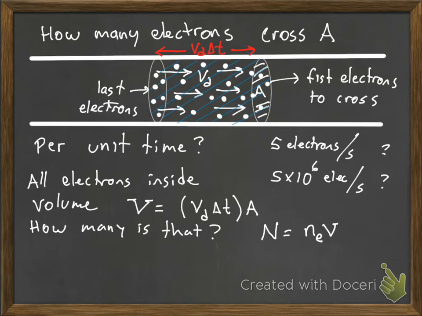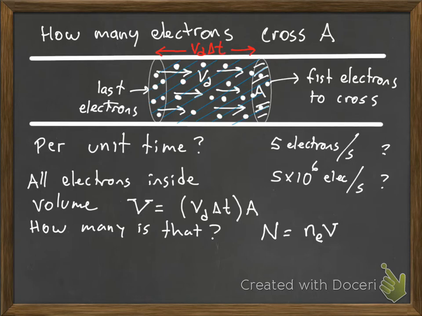It's very difficult to compress and change the density of a liquid. So it is also true that the density of the conduction electrons is fairly constant as they move through the wire. Because of that, the number of electrons that fit inside of that volume is proportional to the volume, and the quantity n sub e is called the electron density.